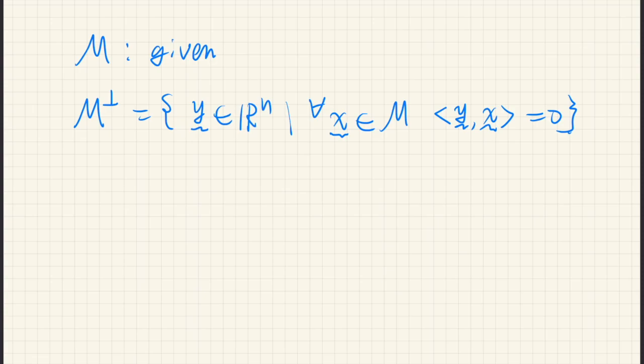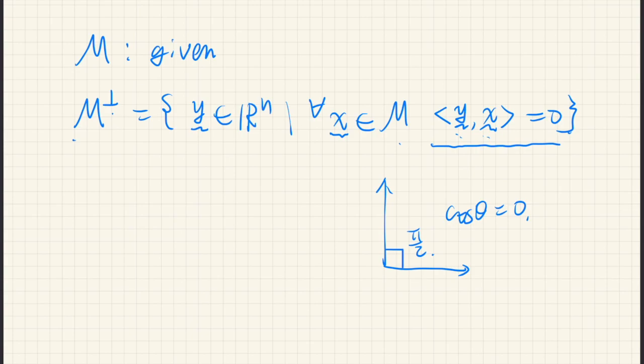So M orthogonal is the set of all vectors that are orthogonal to any vector in M. By the way, in case you forgot, the inner product being equal to 0 means these two vectors are orthogonal to each other, because in that case, assuming they are non-zero vectors, the angle between them should be pi half, because cosine theta should be equal to 0.